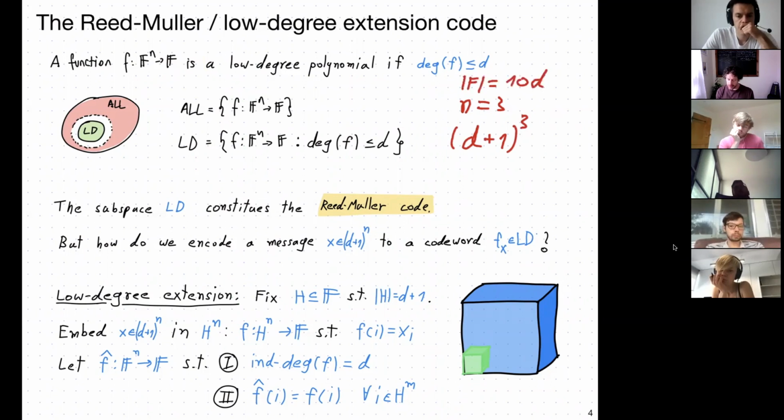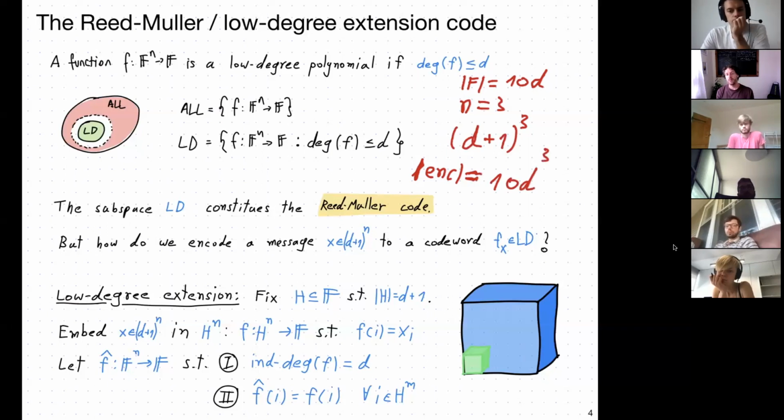So the size of the encoding would be roughly (10d) to the power of 3, which is still linear in d to the 3rd. So if we're looking at a small number of dimensions, then everything would be linear. But we'll actually go slightly above that, and we'll see exactly the setting of parameters, and it would incur a polynomial blow-up.